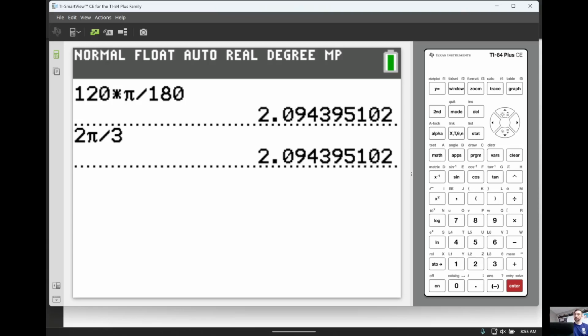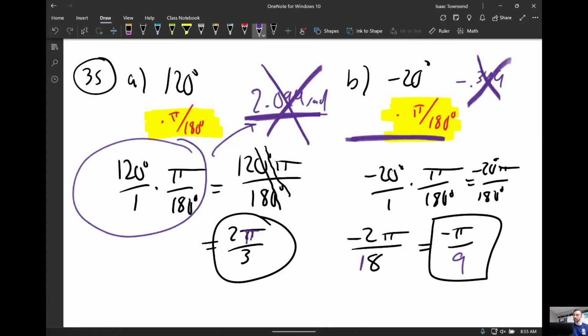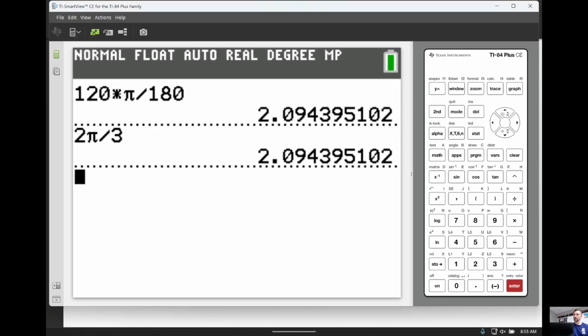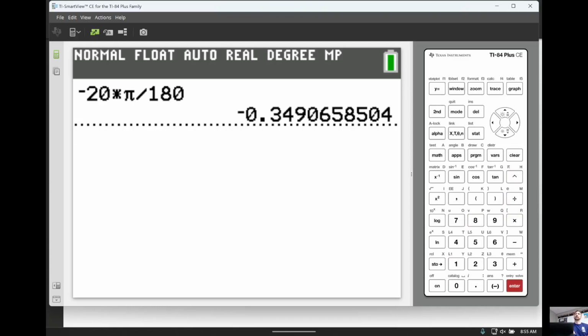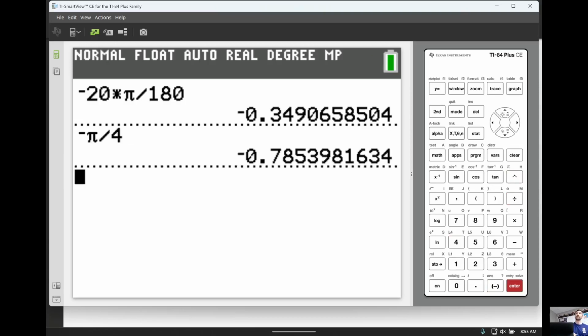Part B, was it negative 20? Again, it did not ask you to round, so you should not circle this as your final answer. But if I practice what I preach here, the first answer I got was this, where I had a mistake.